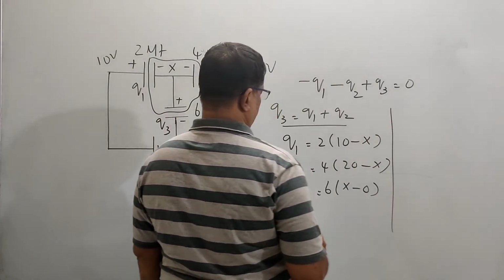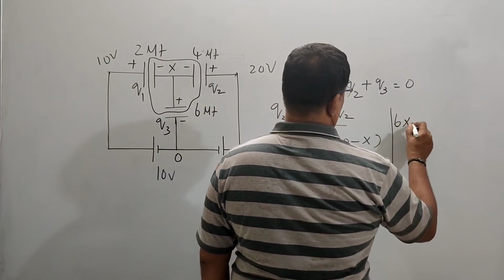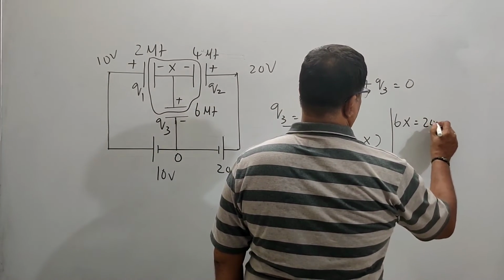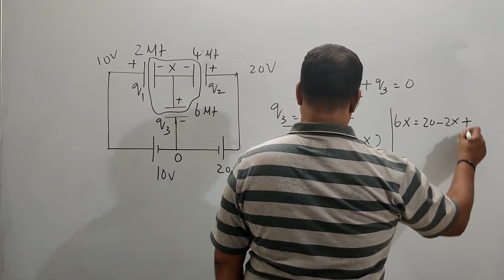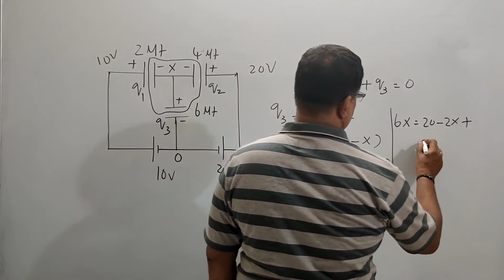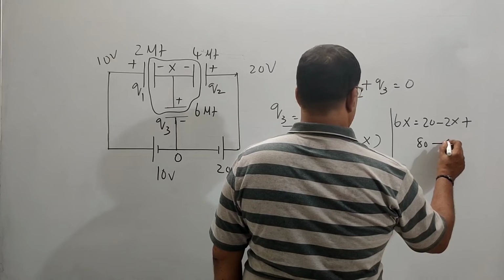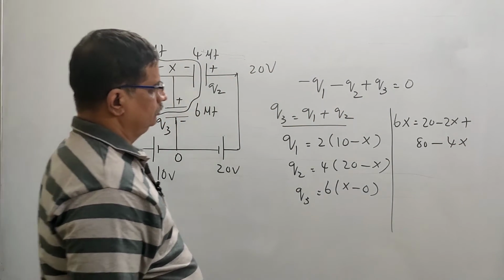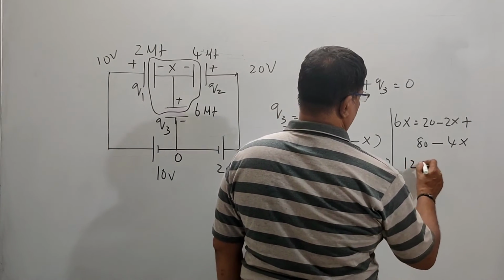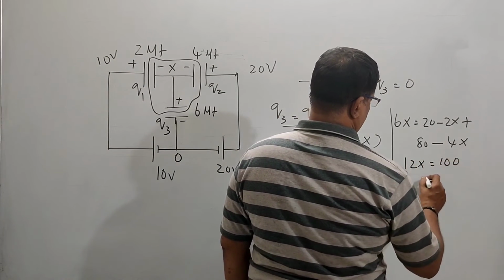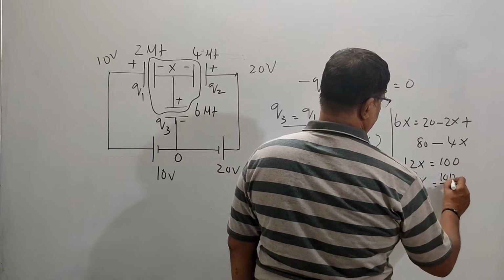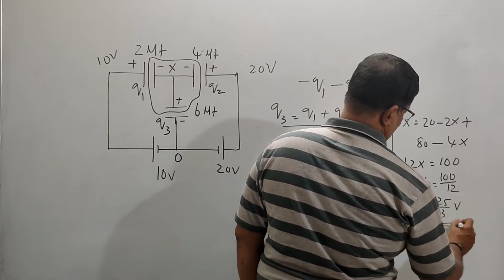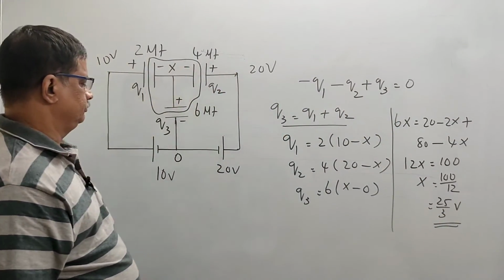So we can write Q3, 6x, equal to Q1, which is 20 minus 2x, plus Q2, which is 80 minus 4x. So we have 12x equal to 100, or x equal to 100 by 12, which is 25 by 3 volt. That is the potential of this node X.